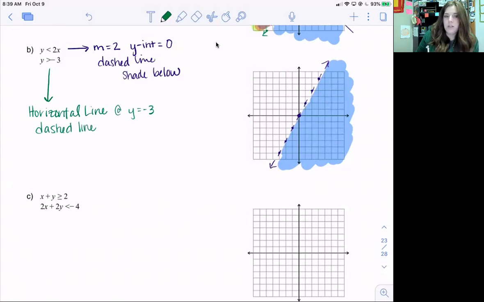And since it's a greater than, we're going to shade above. All right, so if we go to our graph, y equals -3. I'm going to go down 3 on our y-axis, put our first point, and then I'm going to go anywhere to the right or the left, make our other points, and we are dashed, and shading above.